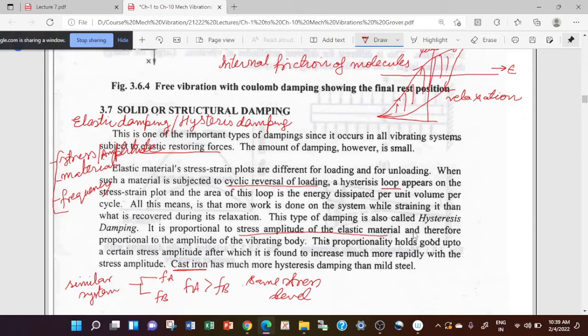As I already mentioned, system A will give us more damping because of the larger value of frequency as compared to B, because we are finding the damping in unit time.